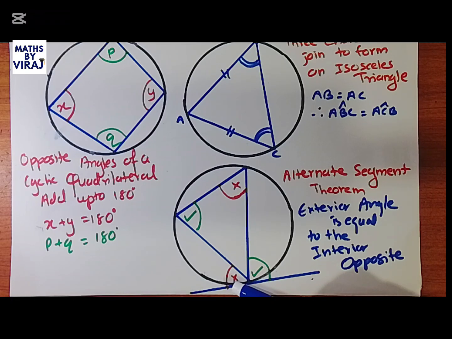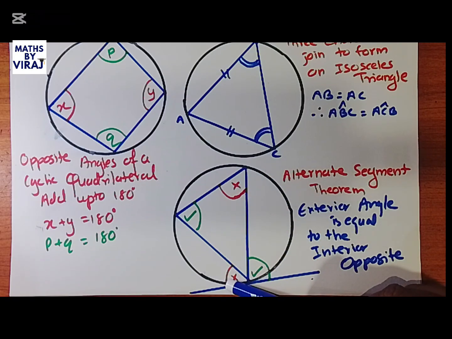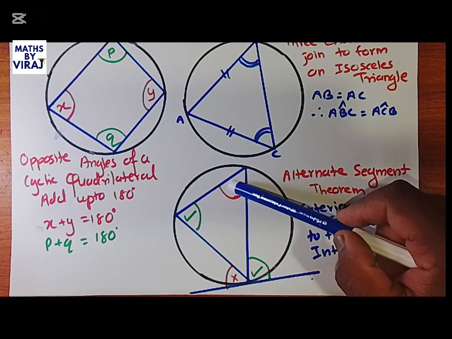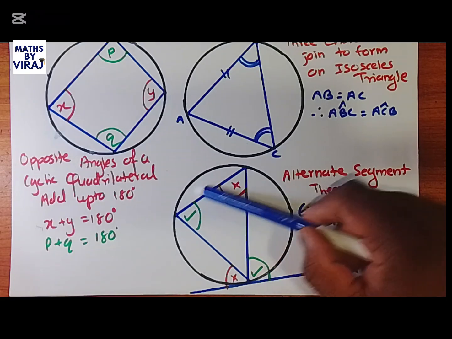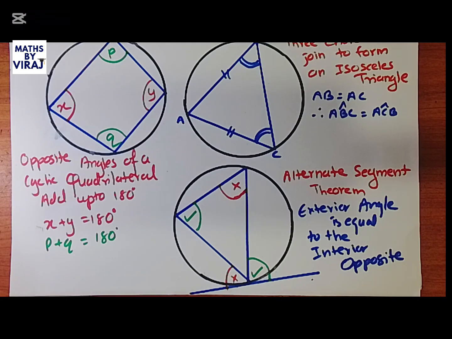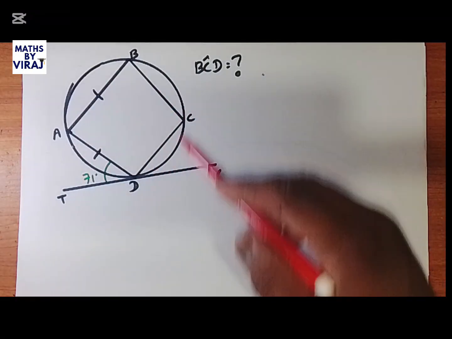Here, the exterior angle is equal to the interior opposite. Exterior angle is equal to the interior opposite. And also here, exterior angle is equal to the interior opposite. So this is what we call the alternate segment theorem.